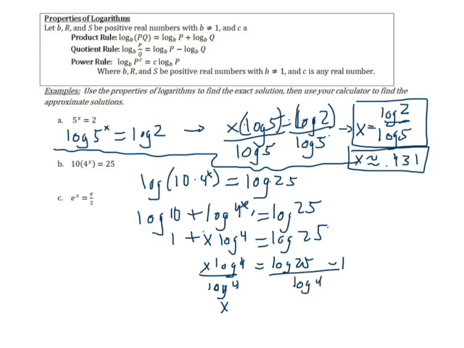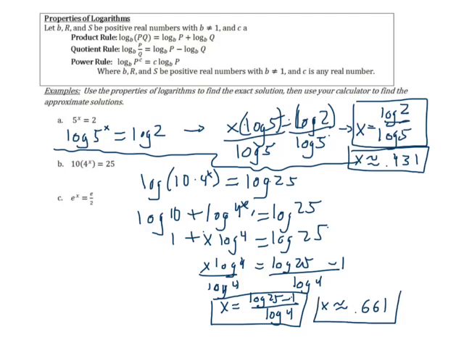So x is log 25 minus 1 all over log of 4. And if we want the approximate solution, we can go to our calculator. X is approximately 0.661. Be careful with your parentheses when you type this in your calculator.